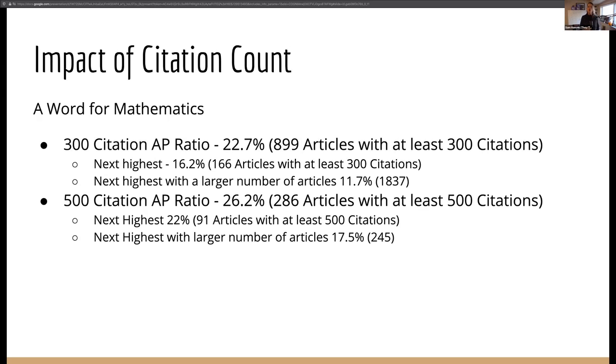For 300, after 166, we get a discipline with 34 and one with 149. And then the one below that is the first one that's as large or larger than math, with 1,837 articles. And that one was about half of what math was, at 11.7%.